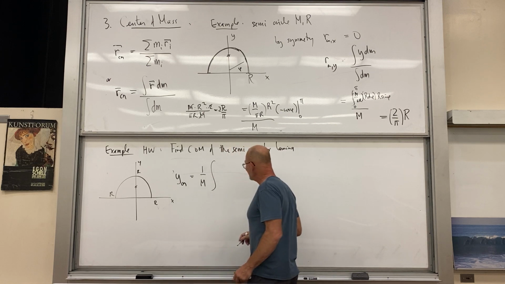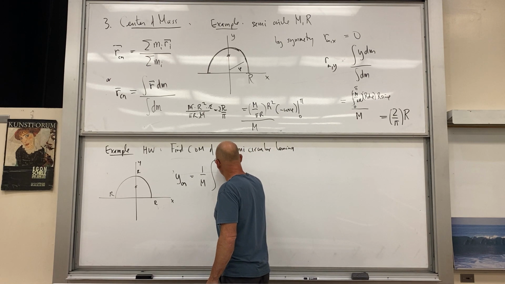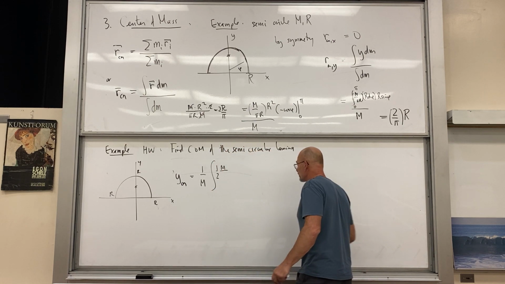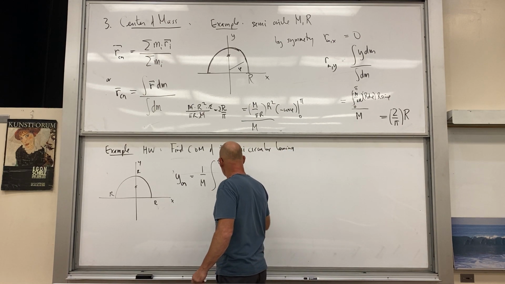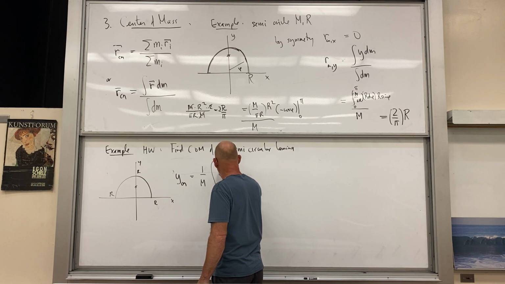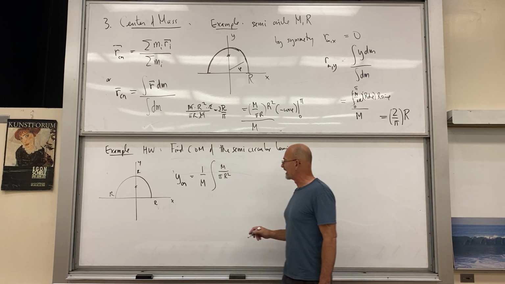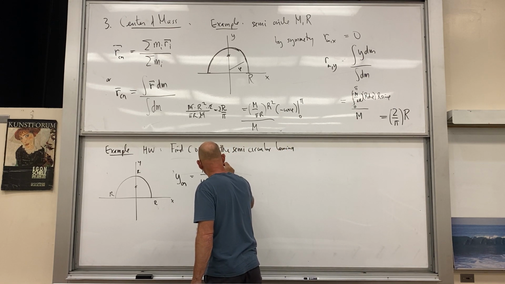And now our dm would be mass per area. So it's mass over pi r squared divided by 2, because that's half the area there. So there you go, you get a 2 right here.